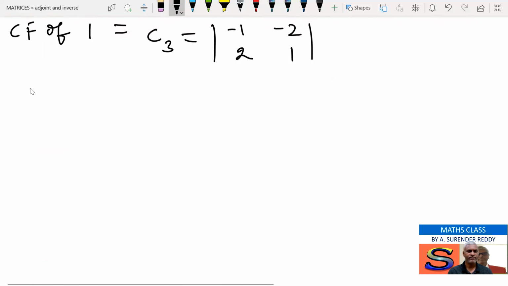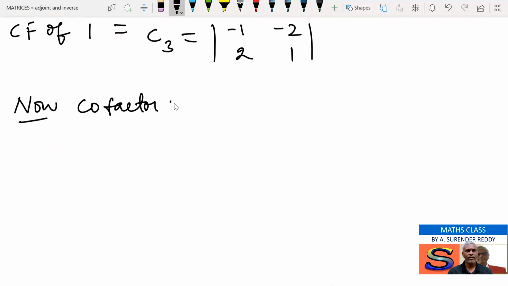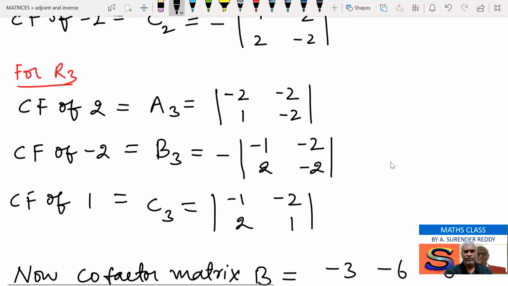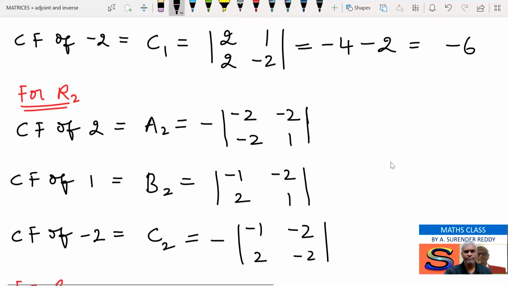Cofactor matrix. Let it be B. -3 -6 -6. Next, second row.